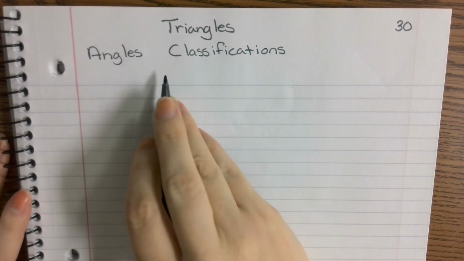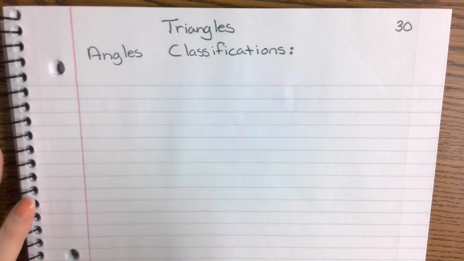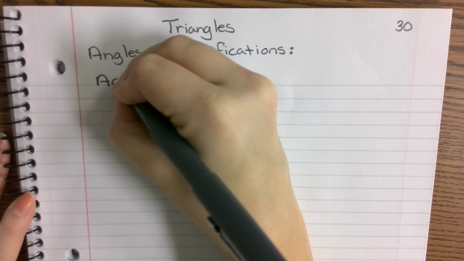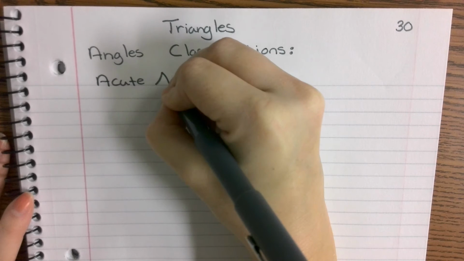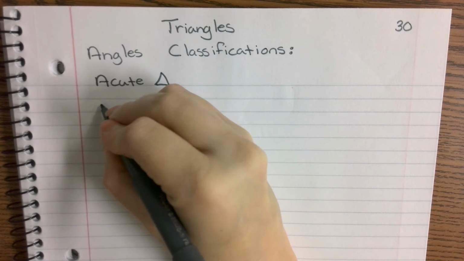So let's start with the angles classification. You have 3 types of angle classifications. You have an acute triangle, and just for all intents and purposes, I'm going to put a triangle instead of writing the word triangle. Saves time.